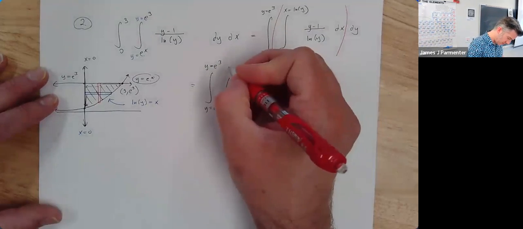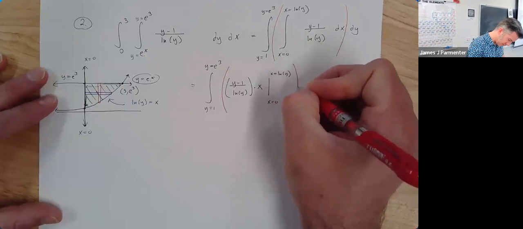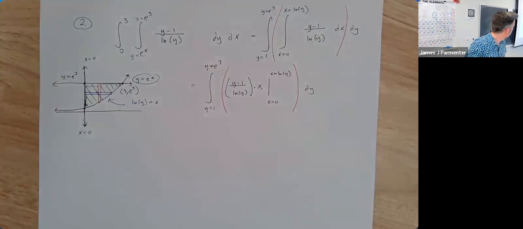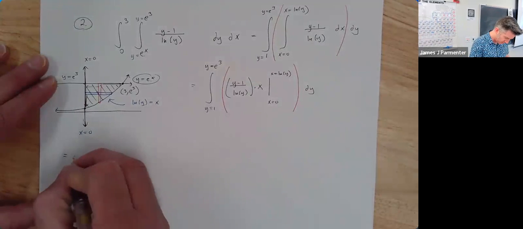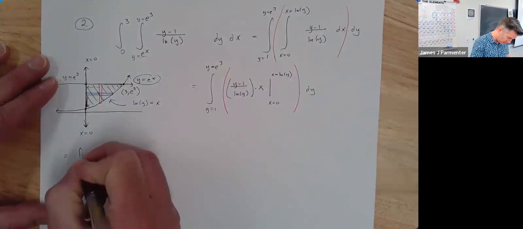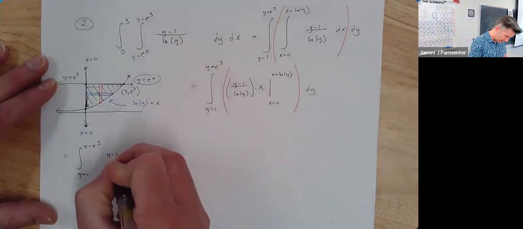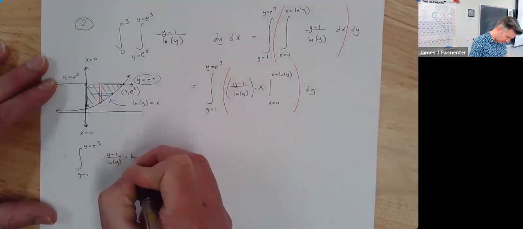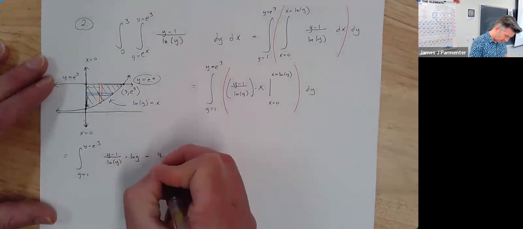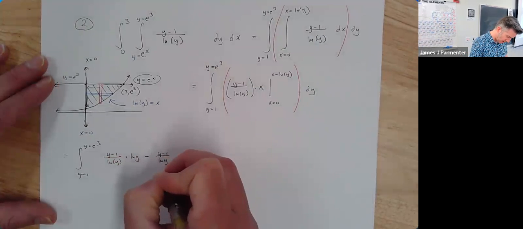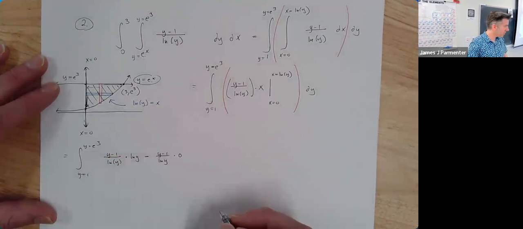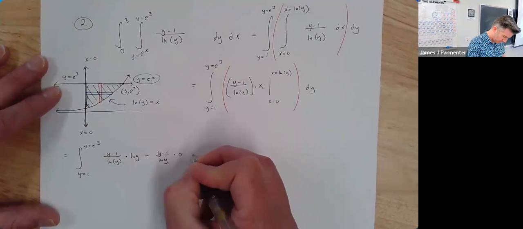I'm using the parentheses in red here to indicate the stuff that's still the same thing that's in the parentheses there. Now, when we plug this out, I'll actually write it out this time, even though I don't really want to. I've got y equals 1 to y equals e cubed, and the insides are going to be y minus 1 over the natural log of y times the natural log of y minus y minus 1 over the natural log of y times 0 dy.